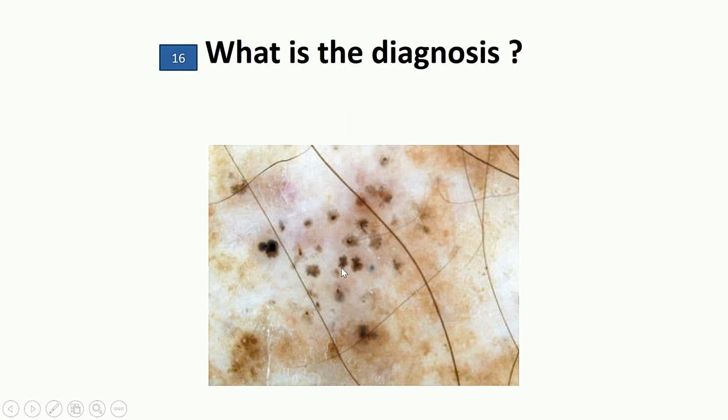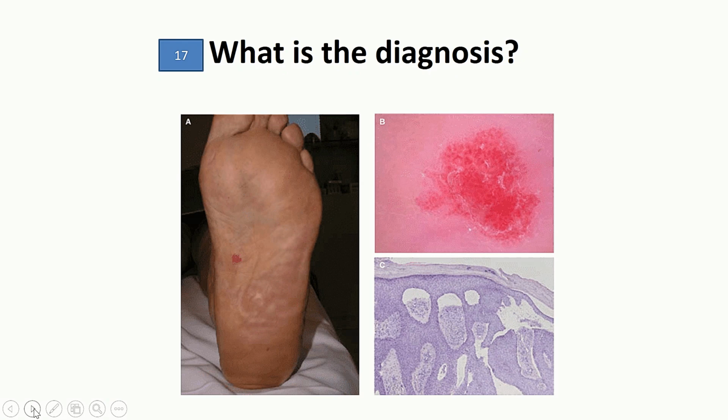And here you see a spoke wheel and leaf-like structure that is also indicative of basal cell carcinoma. But one diagnosis that should be kept in differential diagnosis of basal cell carcinoma in dermoscopy is poroma.